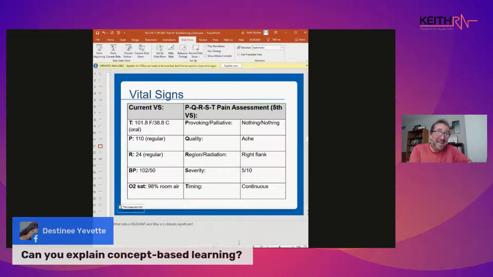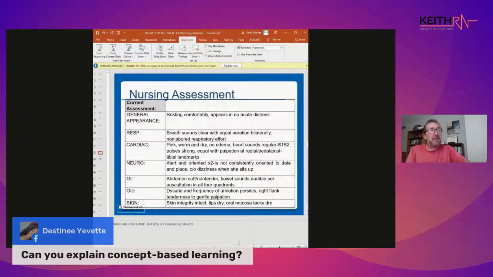That flank pain is likely. We don't have a diagnosis, we're not medical doctors, but we as nurses need to have knowledge of pathophysiology to interpret this data. This pain could be the progression of a UTI to pyelonephritis. It's just a possibility.